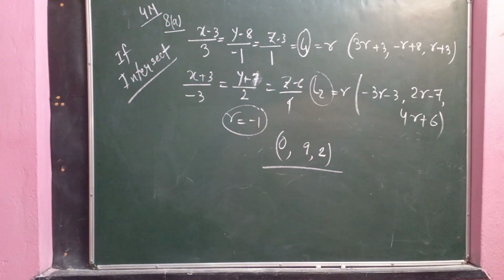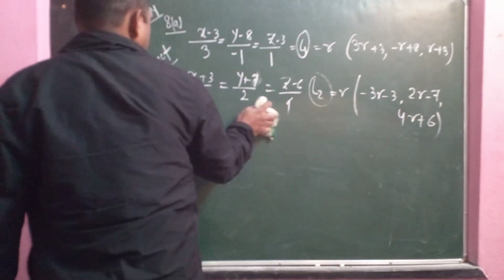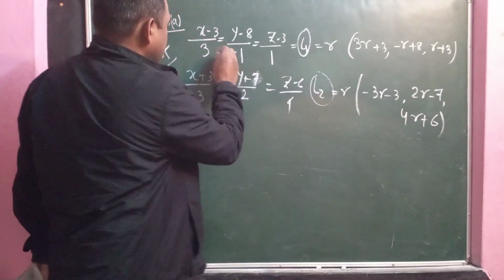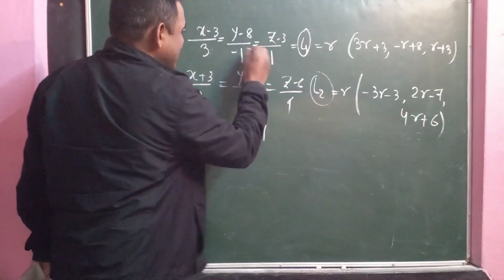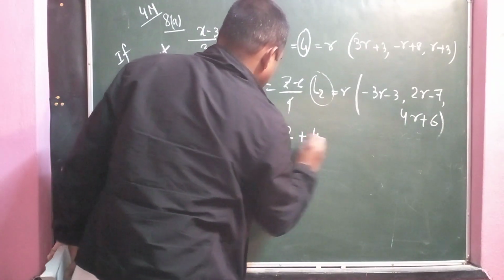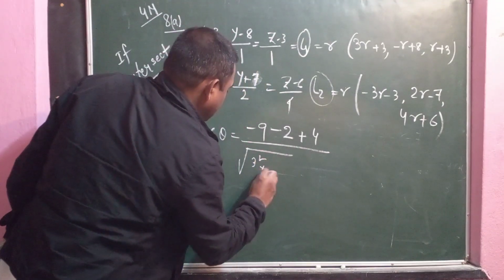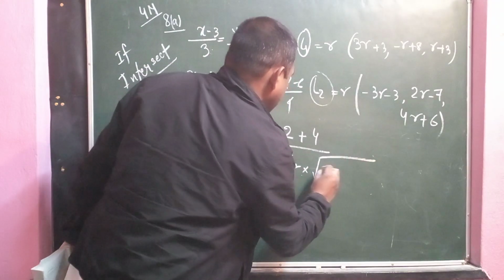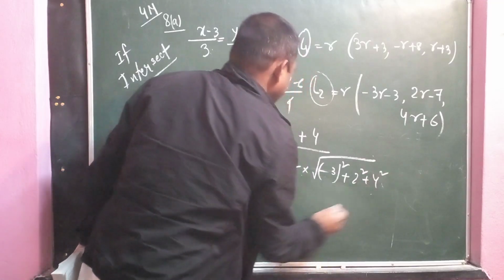Okay, now how will you calculate the angle between these two lines? So cos theta will be the corresponding DRs multiplied: 3 into minus 3, minus 1 into 2, plus 1 into 4, divided by root over 3 square plus 1 square plus 1 square, into root over 3 square plus 2 square plus 4 square.